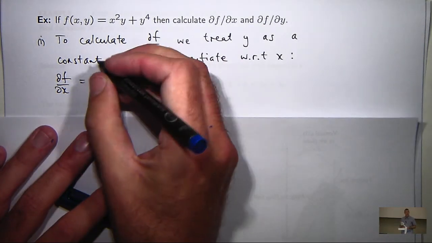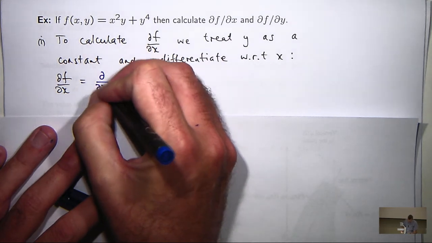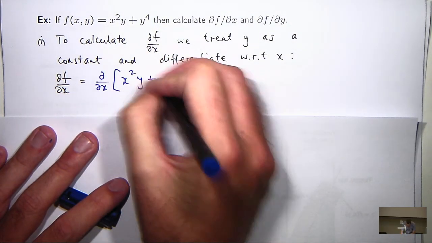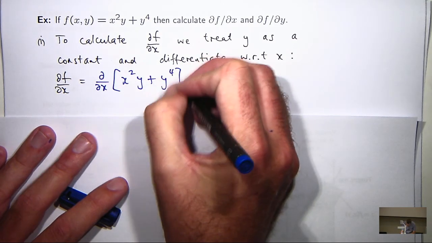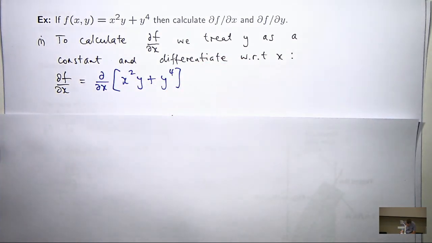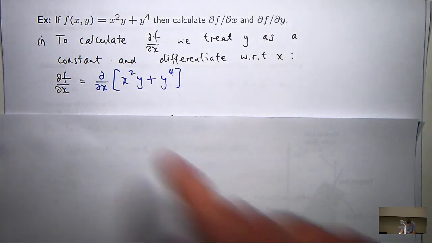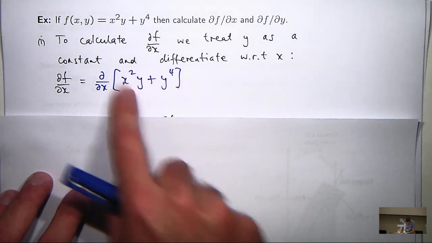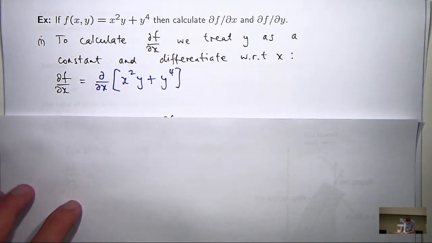Now, when I write the curly d's there, the d dx, it means I'm going to take the partial derivative of what's in the bracket here. Now, just like the regular derivatives that you know, you can either expand this out or do it straight up. So if I imagine y is fixed, well, let's expand it.